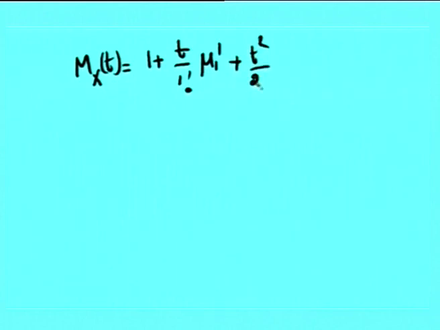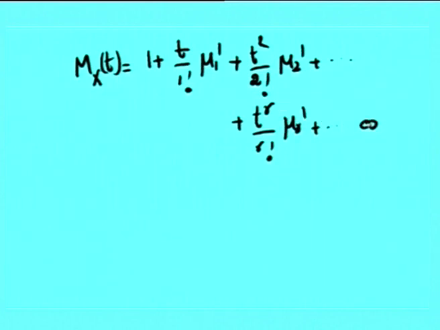We already know that mx of t is equal to 1 plus t by 1 factorial into mu 1 dash plus t square by 2 factorial into mu 2 dash plus etc. The rth term is t power r by r factorial into mu r dash plus etc. up to infinity.